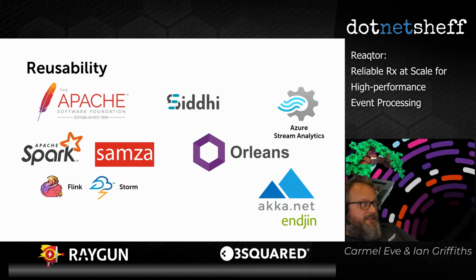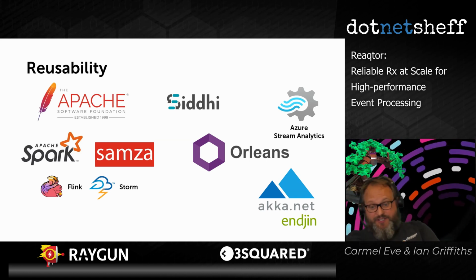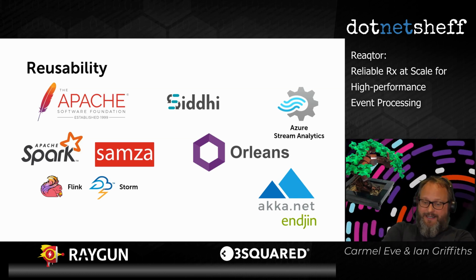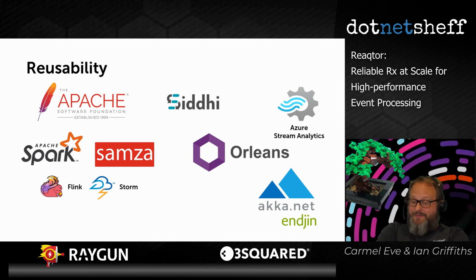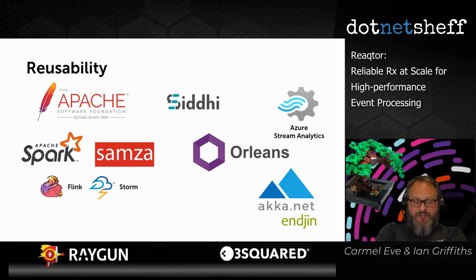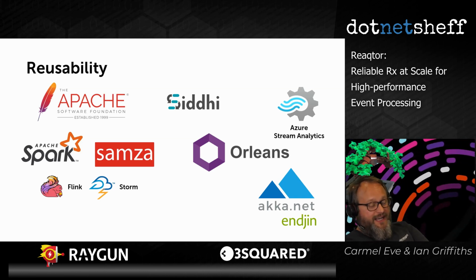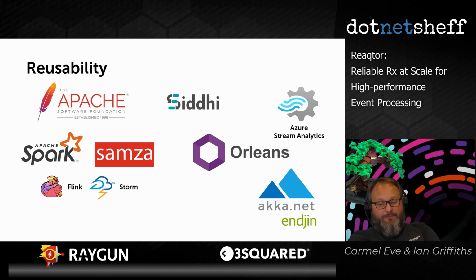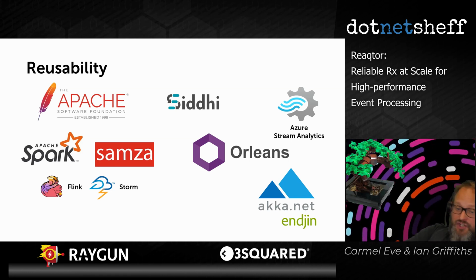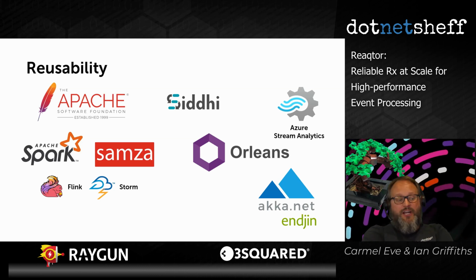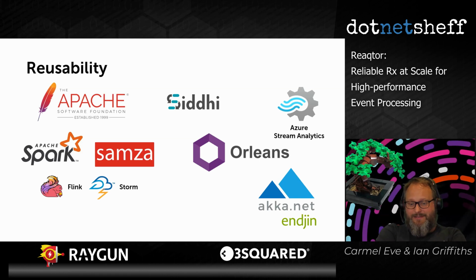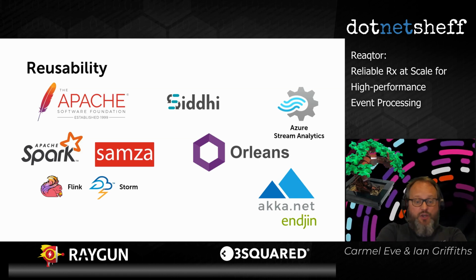Whereas Reactor and also CIDI, and this is why I say CIDI is probably the most similar to Reactor, are ultimately a bunch of libraries. And you can pick and choose which bits you want to use. If you want to, you can just use them like any other .NET library, or in the case of CIDI, like any other Java library. You can just load them up and start invoking methods on them, give them what they need to run, and then a little bit of hosting context. But once you've given them what they need, you can just run them in memory.